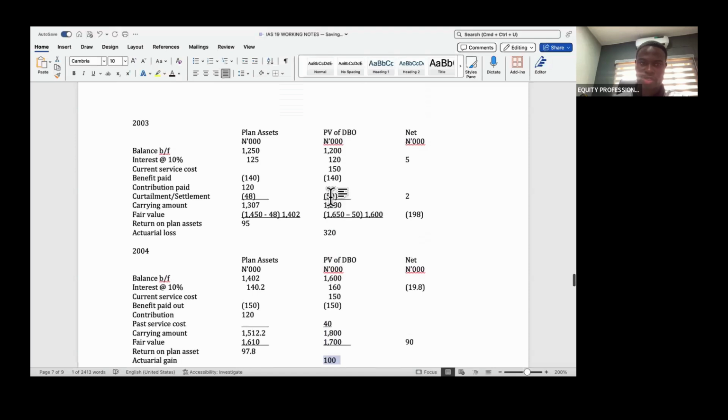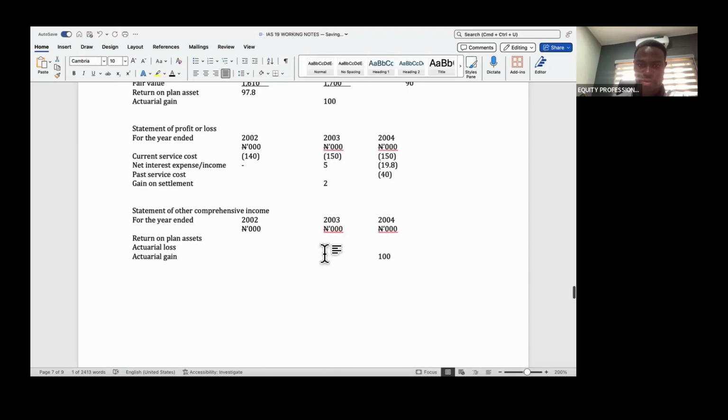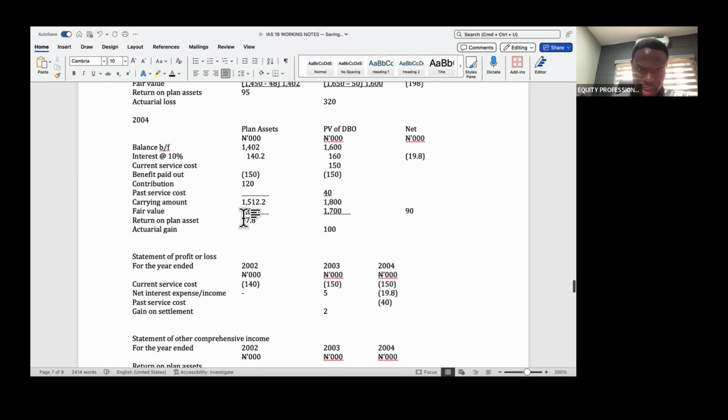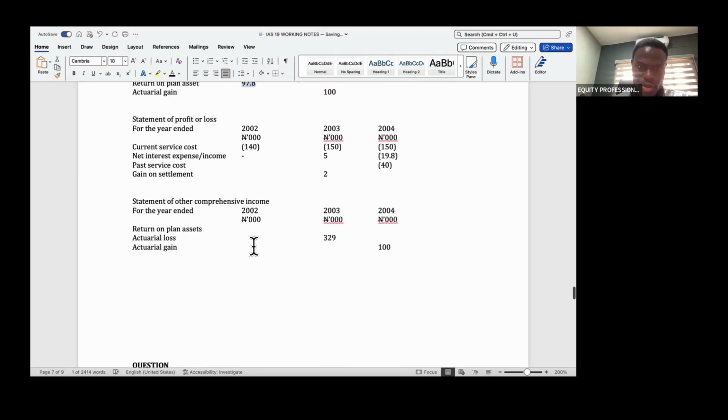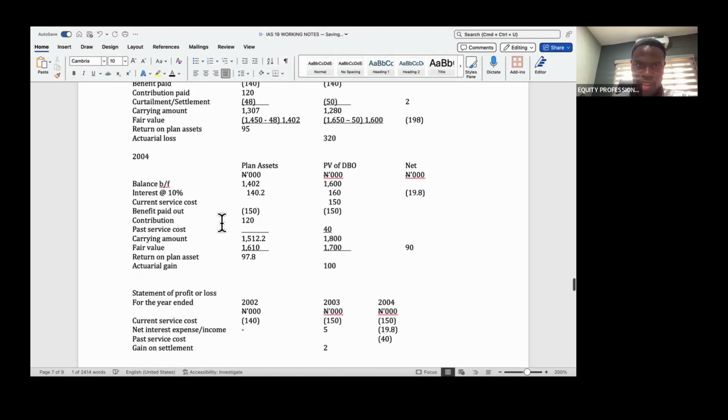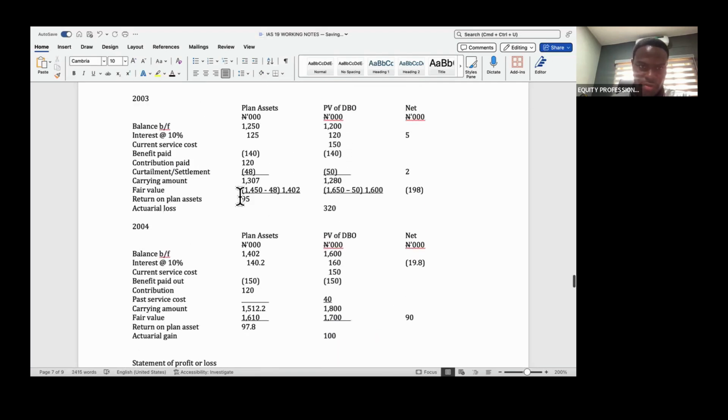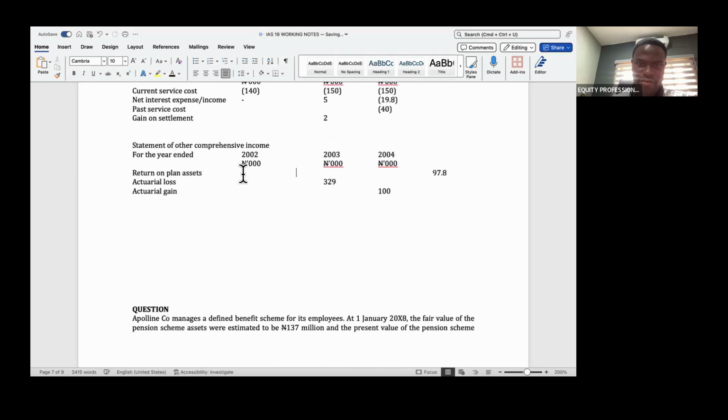In 2003, we had a loss of 320. Okay, and even in 2004, there was a return on plan asset of 97.8. Even in 2003, there was a return on plan asset of 95.